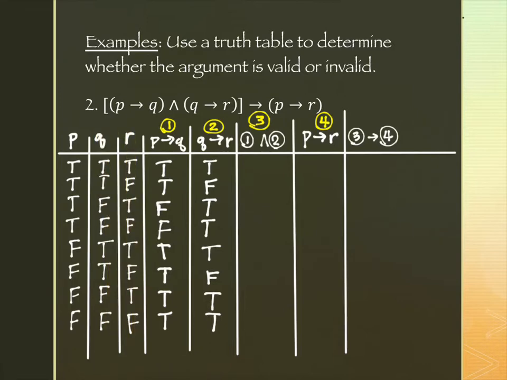All right, column 3, which combines columns 2 and 1 with an and statement. And when is an and statement true? When they're both true. Wonderful. So let's go down the column together. What will it start out with? True. True. And then?